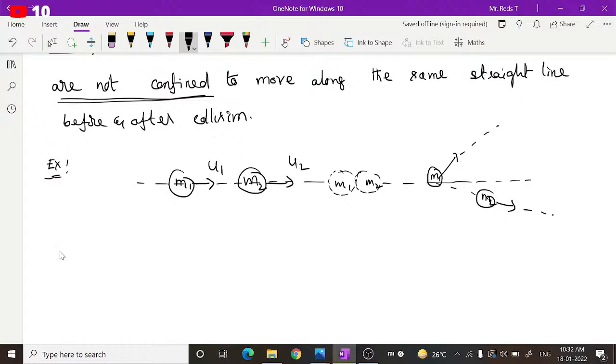Based on conservation of energy, collisions are classified into two types.